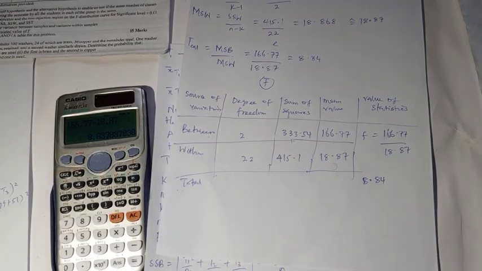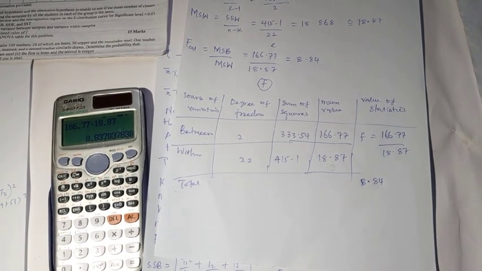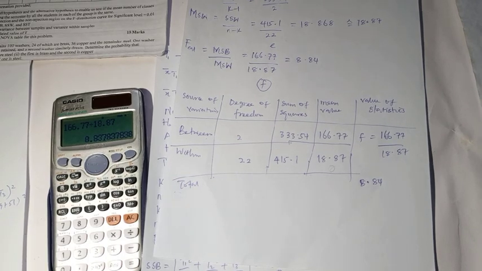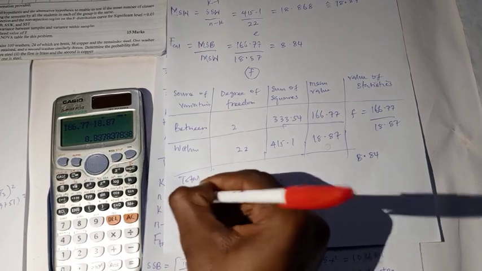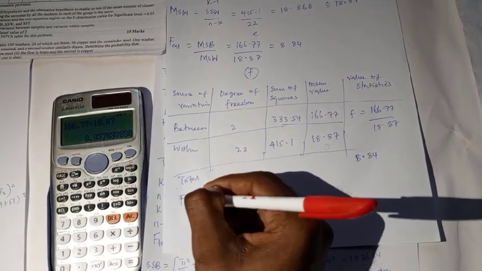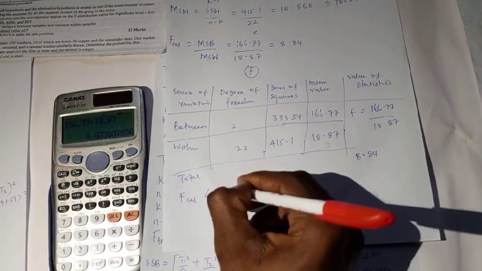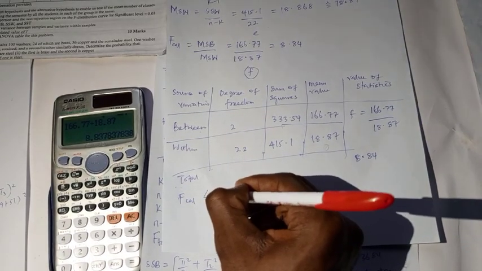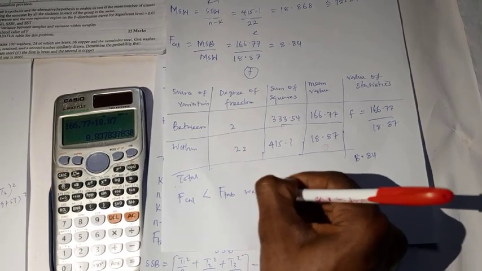Now to establish the second part, the B part, which I stated earlier: if the F calculated is less than our F tabulated, we reject.